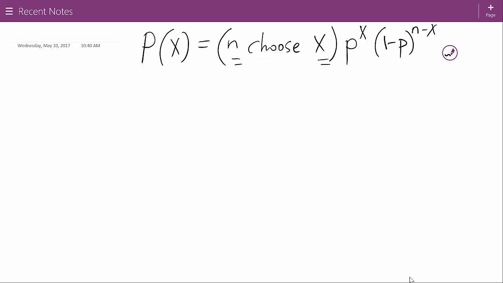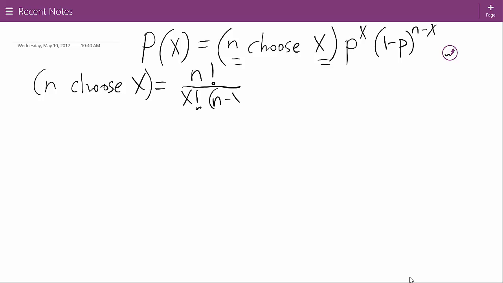And by the way, N choose X also has a formula. The formula for N choose X is N factorial, N with an exclamation point, divided by X factorial times N minus X factorial. Do you remember what a factorial is from math classes that you took before?